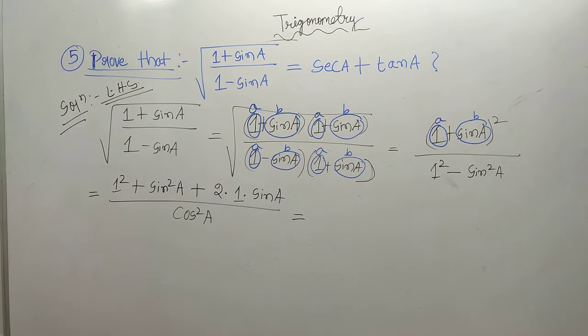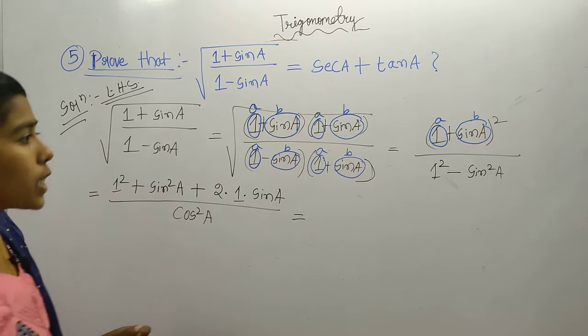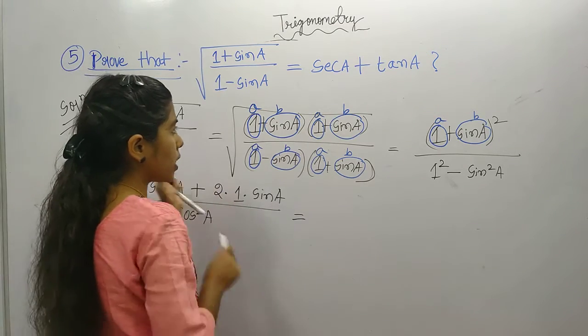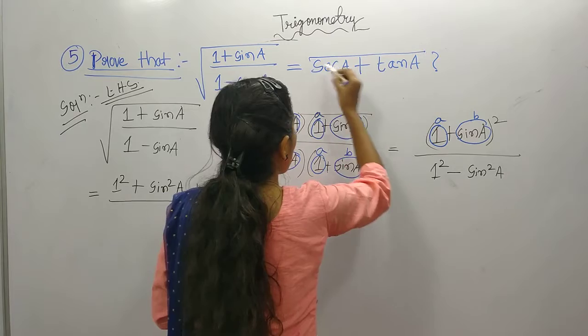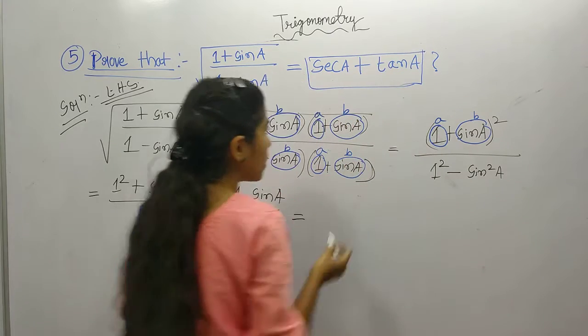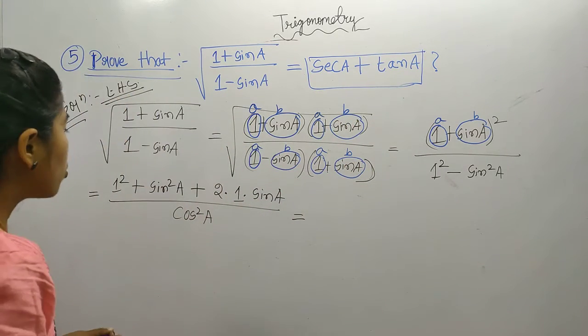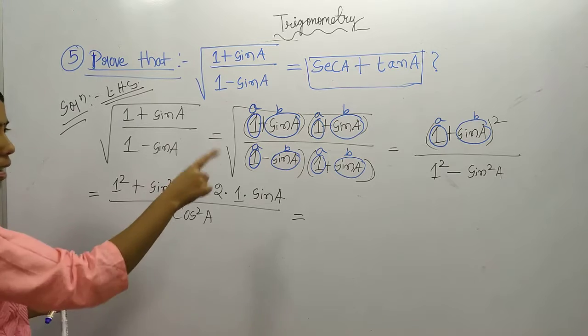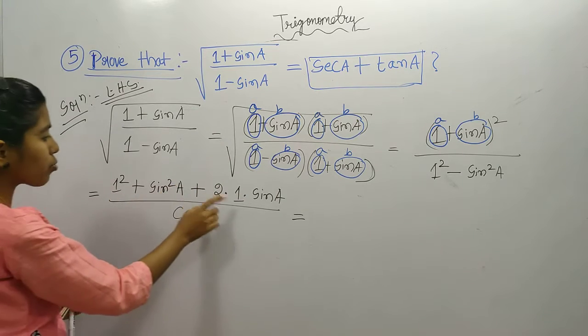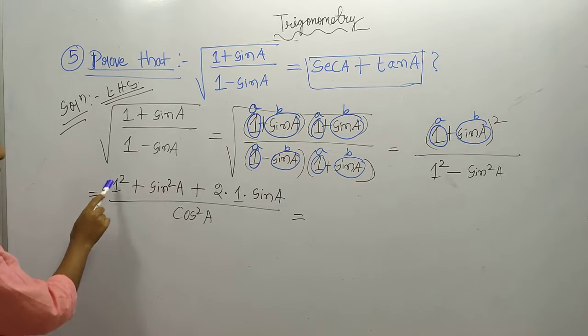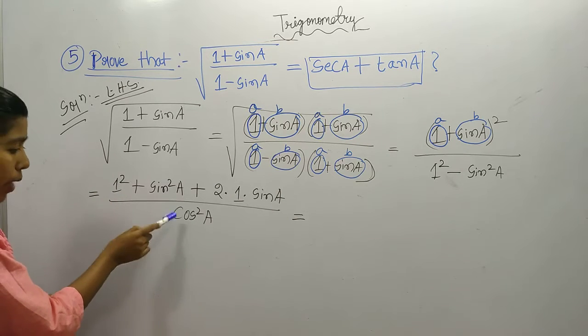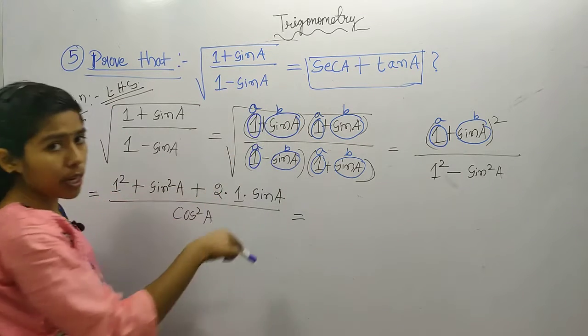But in the RHS you can see it is given to prove sec A plus tan A. So if we find it like this, A plus B whole square, A square plus B square plus 2AB, then if we divide 1 by cos square A, sec square A will come.